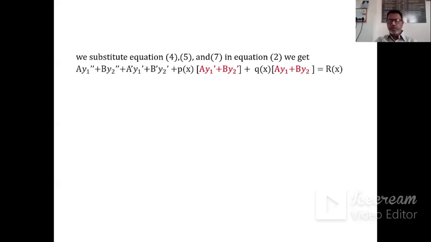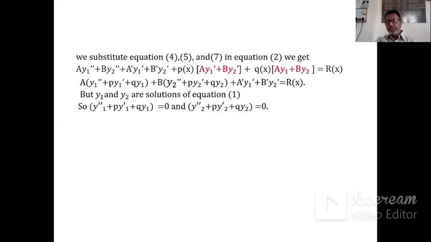Now collect the coefficient of A, the coefficient of B, and the remaining terms. We know that y1 and y2 are solutions of equation 1. Therefore y1 and y2 satisfy the associated homogeneous differential equation 1.